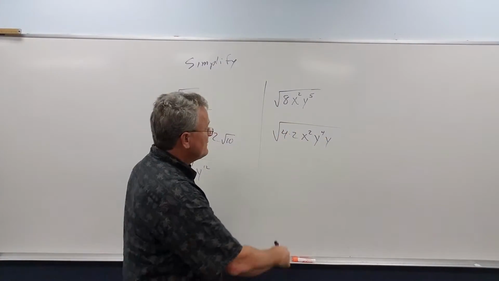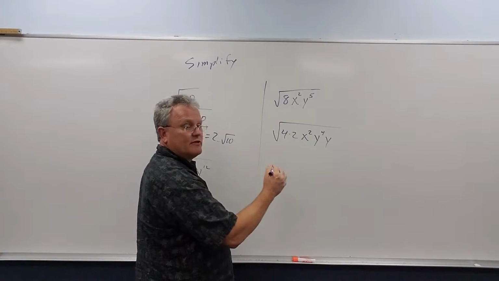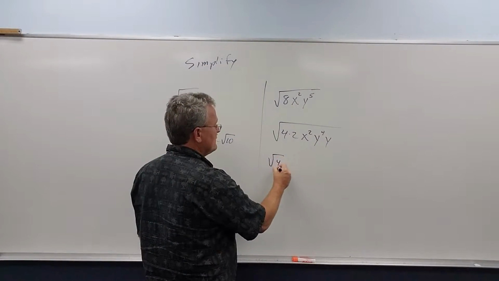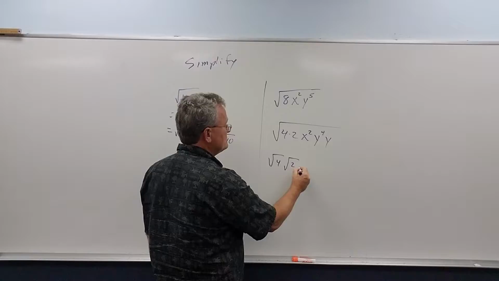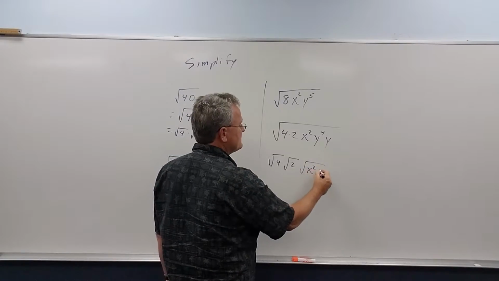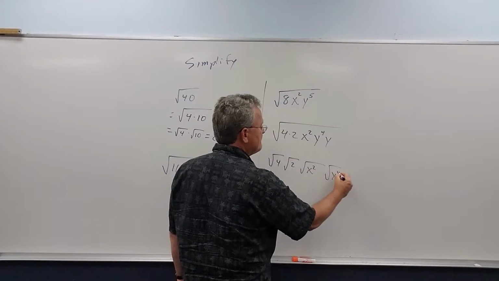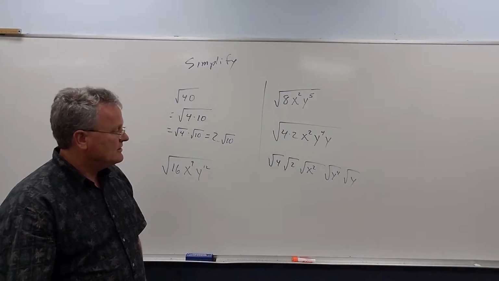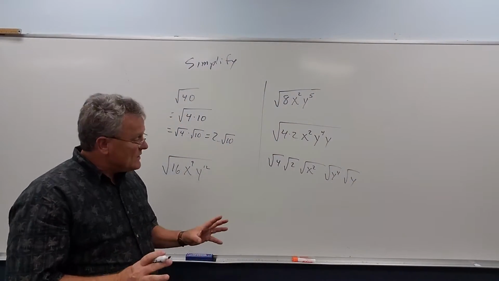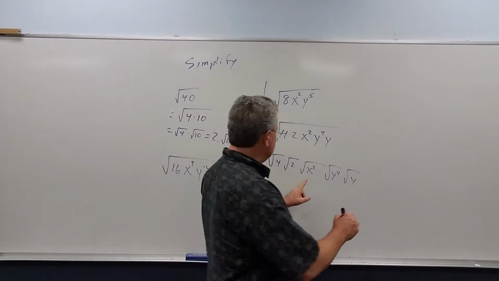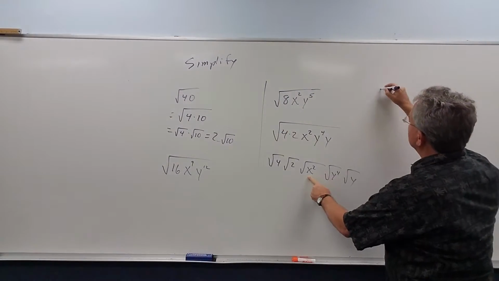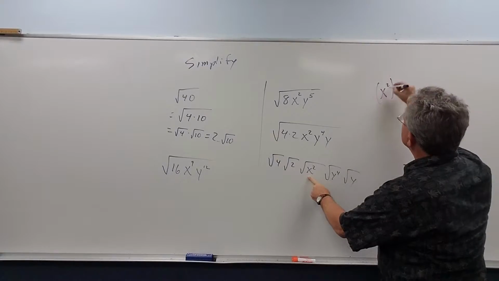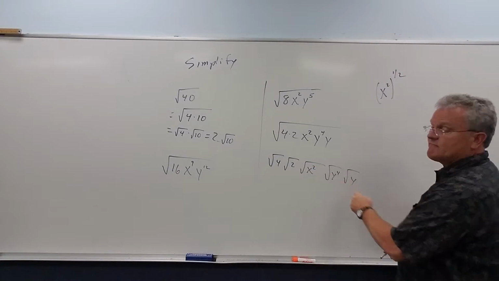Now what do we do? Well, this is equal to the square root of 4 times the square root of 2 times the square root of x squared times the square root of y to the 4 times the square root of y. I'll just write that all out. Now, so we understand, remember the square root of x squared is the same as the half power.